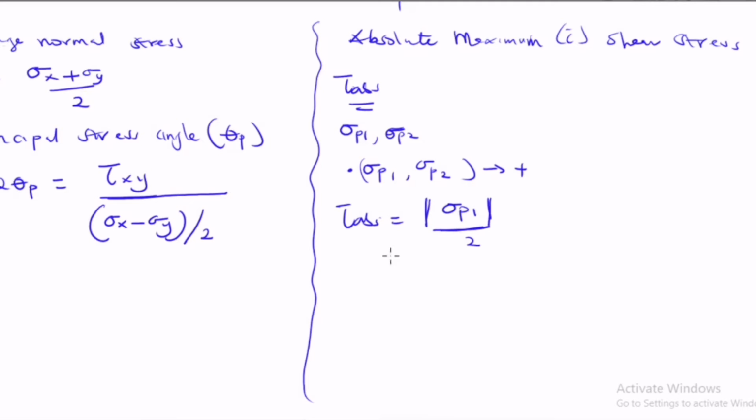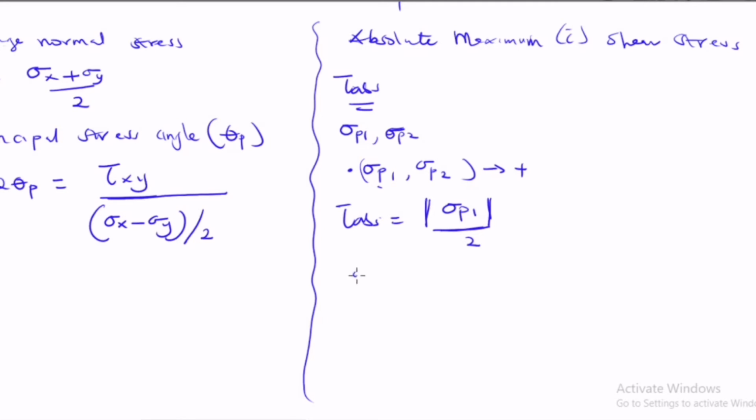So when the principal stresses P1 and P2 are all positive, the absolute maximum shear stress is the principal stress P1 absolute all over 2.